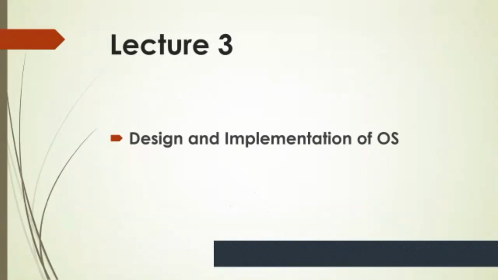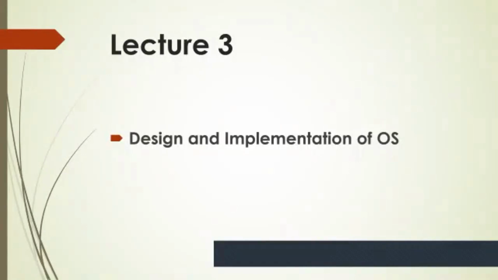If it is a batch system, then we have a different kind of design. If it is time shared system, then the principle of designing is different. If it is single user system, multi-user system, distributed system, based on this type, the design of operating system differs.